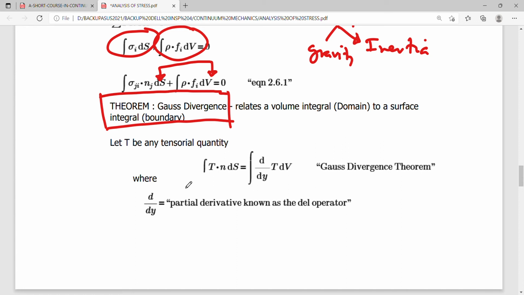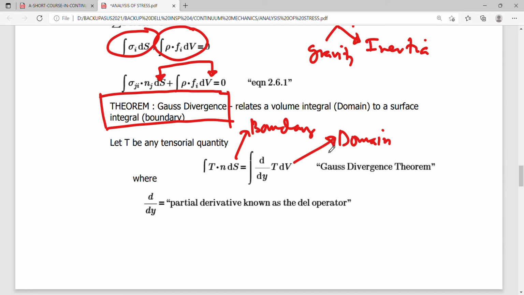And in terms of tensorial expression, this is now your Gauss divergence relationship, relating the domain with the boundary. So this is now the boundary, ds, and this is the domain or the volume, dv. Okay, the boundary constitutes the limits upon which the domain will be bounded or limited to.